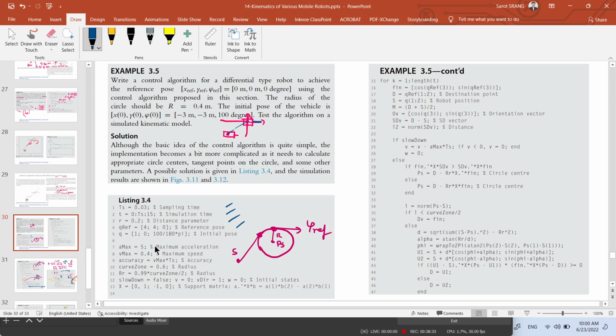I think, yeah, reference, actually this one, formula 0 here, and initial, where is initial? Let me see initial q here 1, 0. So I think it's different, eh?